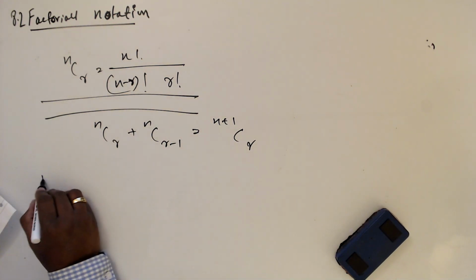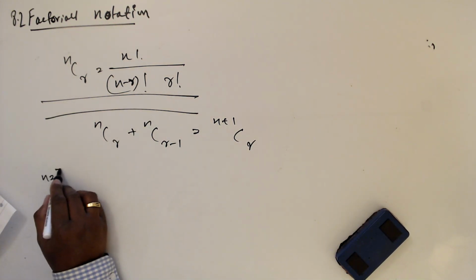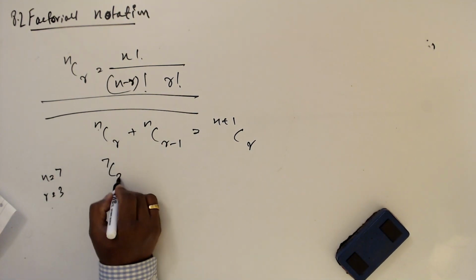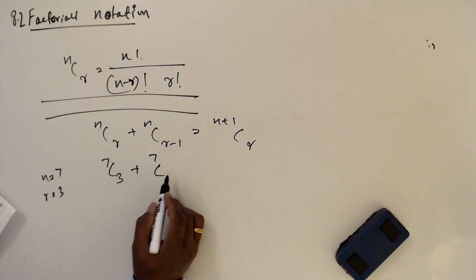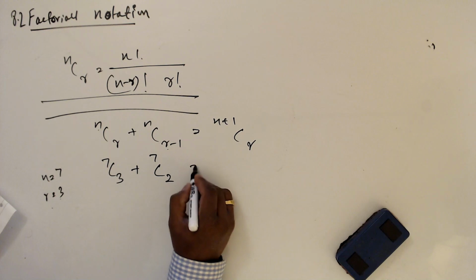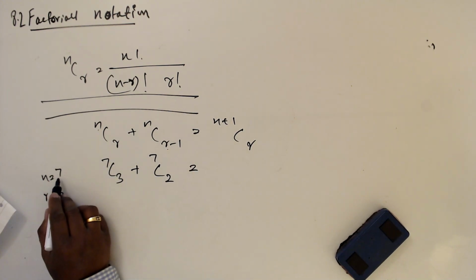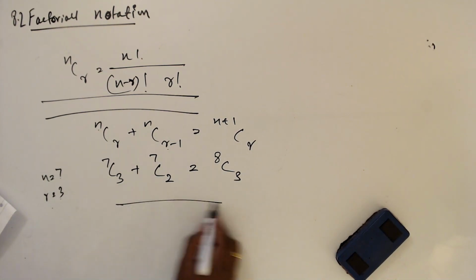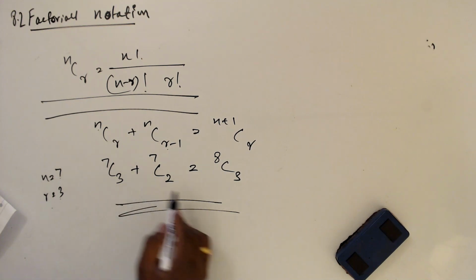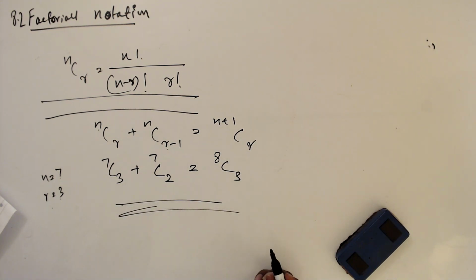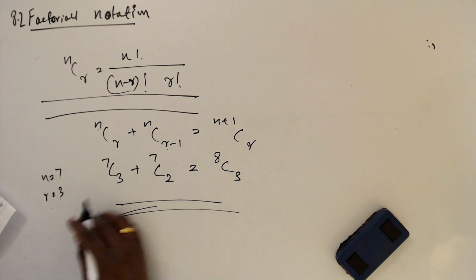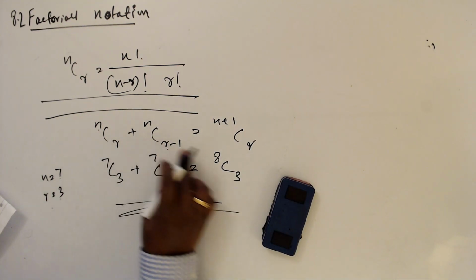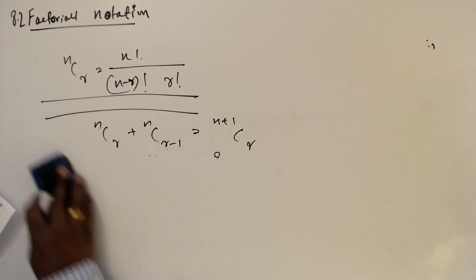In the meaning of this one, let's say n equals 7 and r equals 3. Then this is going to be 7C3 plus 7C(3 minus 1), 7C2, which equals 8C3. This is a formula. This is an extra bit I'm talking about, but I will give the proof of this one for your knowledge.